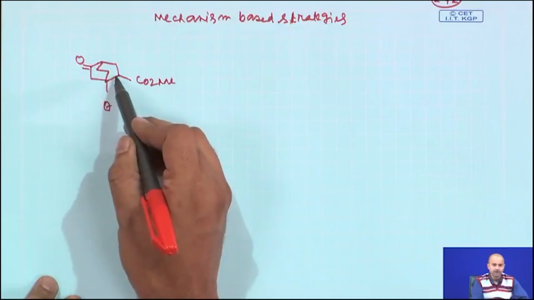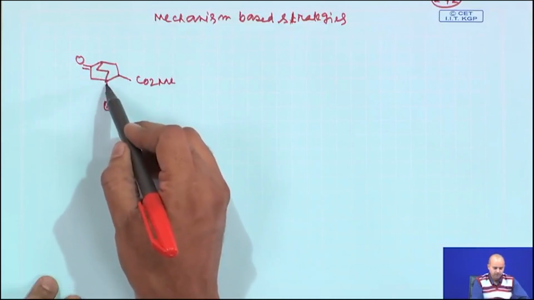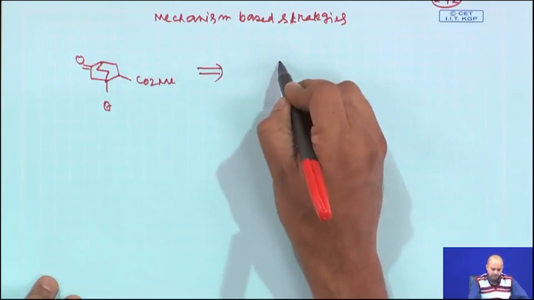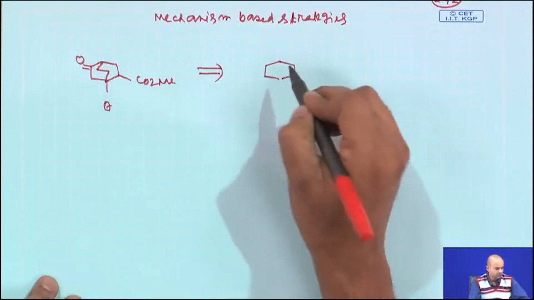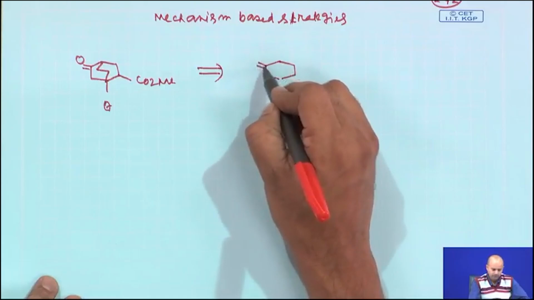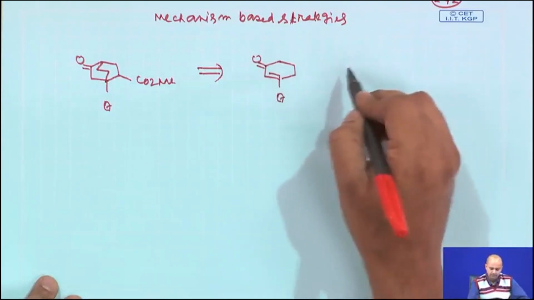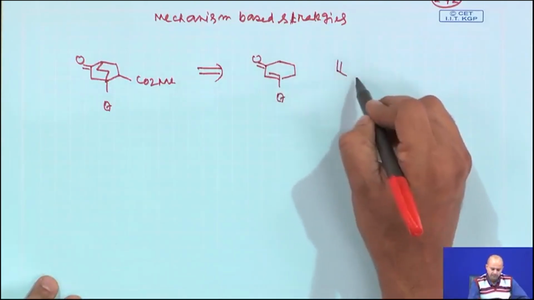So, basically two bicyclics are fused, and you have a quaternary carbon where an ethyl group is there. I am giving you the starting material, which is this kind of starting material and this starting material.